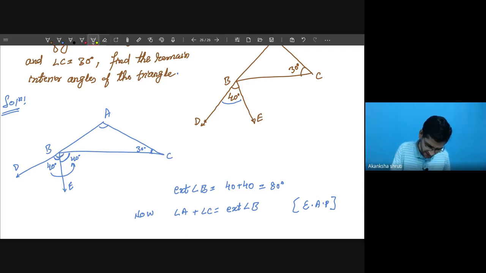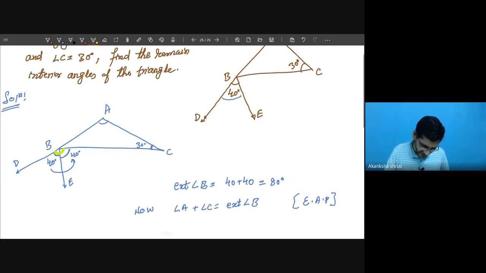Student, this will act as the exterior angle because one of the sides is this, another side is this. So this is the exterior angle. This is equal to 40 plus 40, because it was given this is the angle bisector.